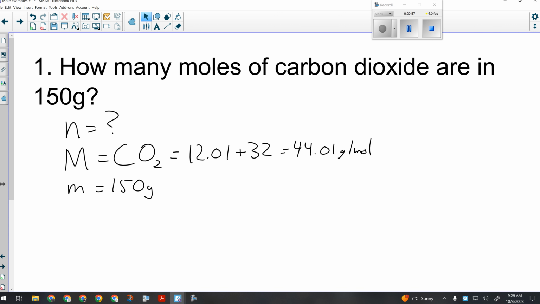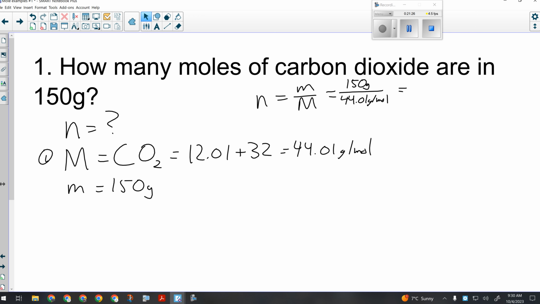Okay, so I got 1 mark for my givens. I'm looking for n using the mole equation. That means I don't need to do anything with the mole equation. It's already set up to solve for n. I just have to put numbers in it. Those numbers are going to be 150 grams for the mass on the top, and 44.01 grams per mole on the bottom for the molar mass.